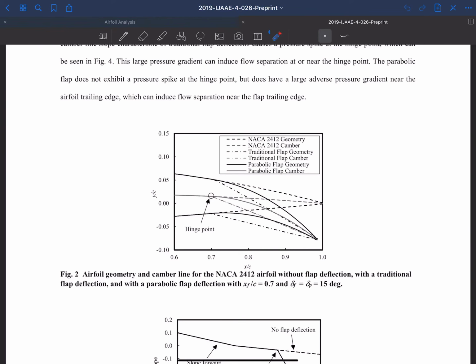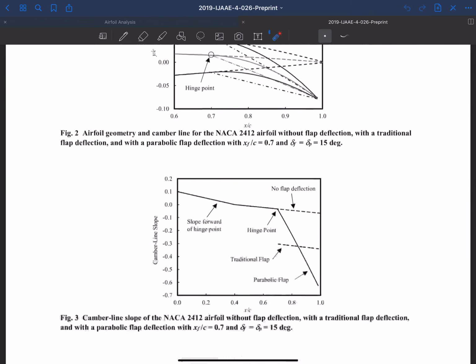And then, of course, the parabolic flap is this contoured geometry there. Both of these have the same flap deflection, the way that we're defining flap deflection. So delta F and delta P are both 15 degrees in this example, and we have our hinge point at 0.7.